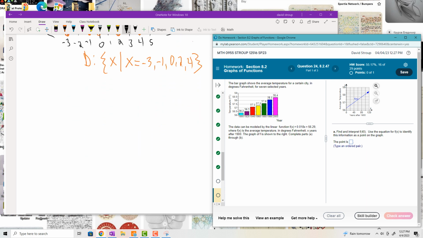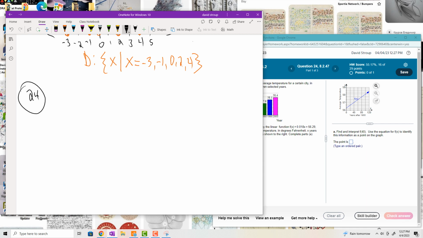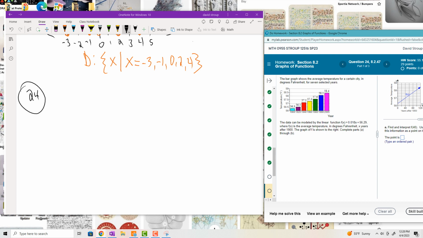Then we have a little bit of story problem work. So let's try number 24. Data can be modeled by the linear function. One thing they don't really talk about in the book is the difference between a linear and a quadratic.